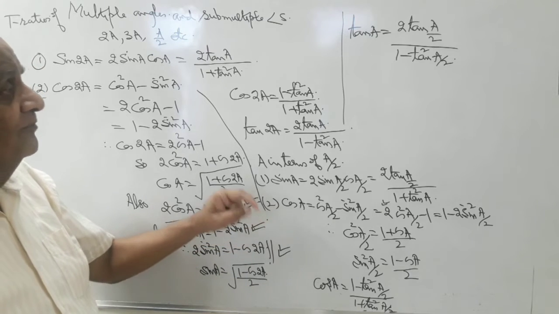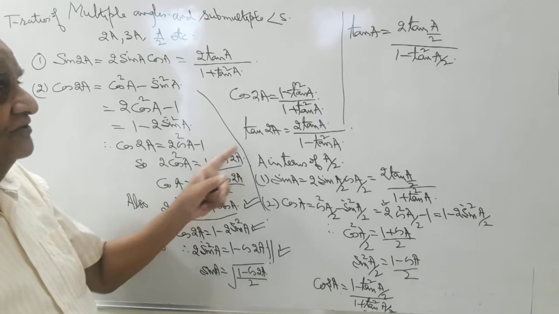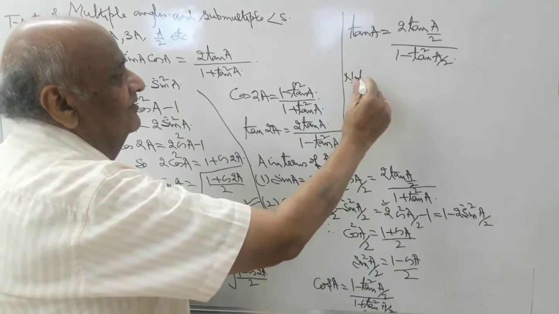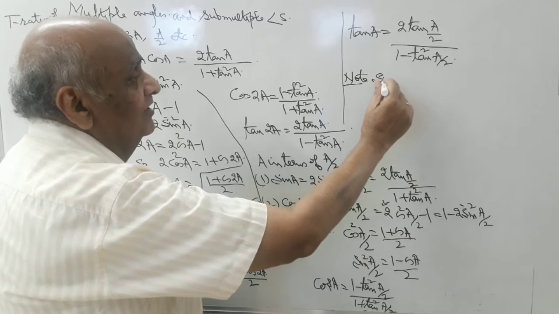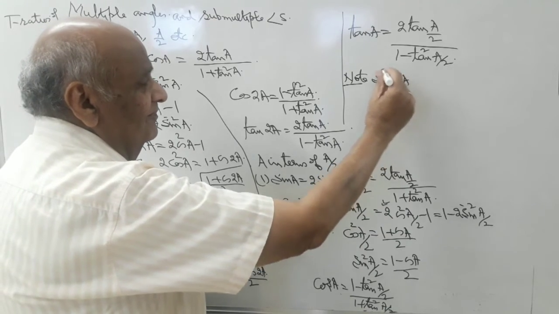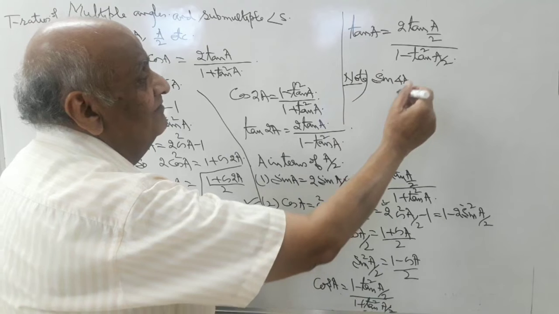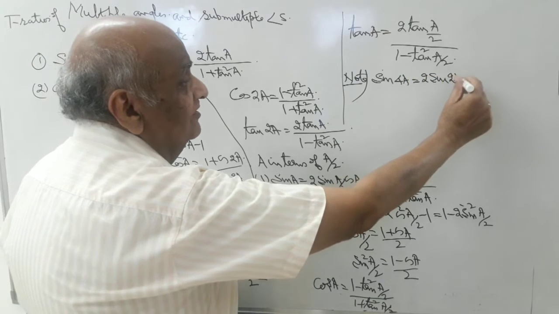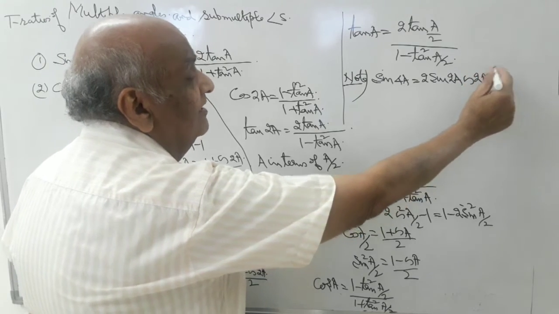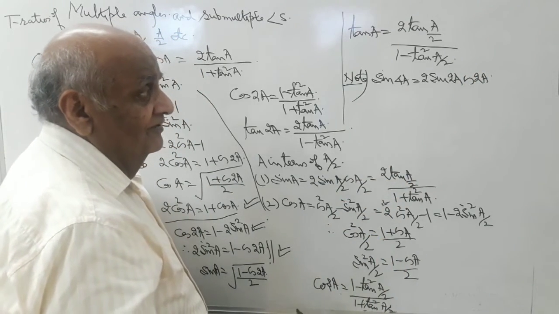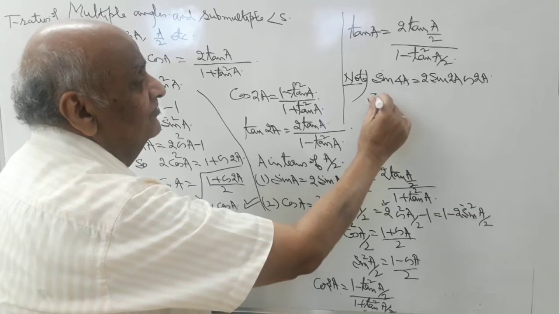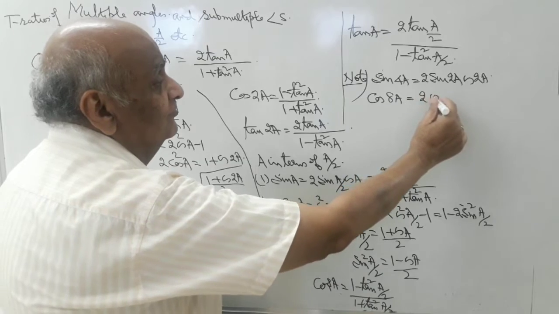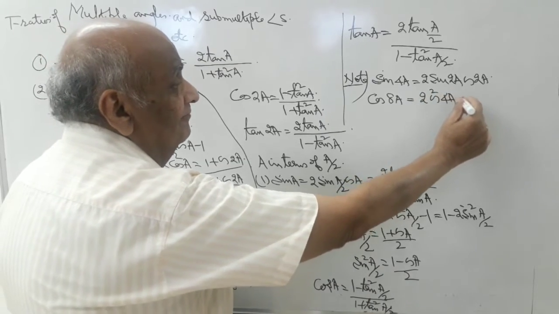Now I am not taking 3A here, but first of all let us put up a note. Suppose you have sin 4A. The above formula says it will be equal to 2 sin 2A cos 2A. The angle will be halved once again. Similarly, if you have cos 8A, it is 2 cos square 4A minus 1.